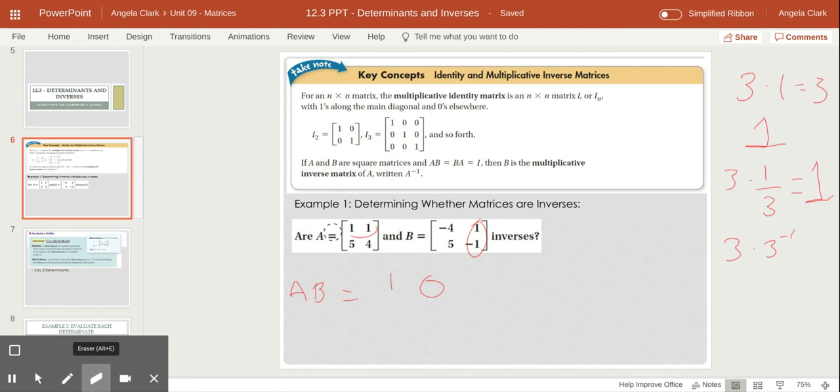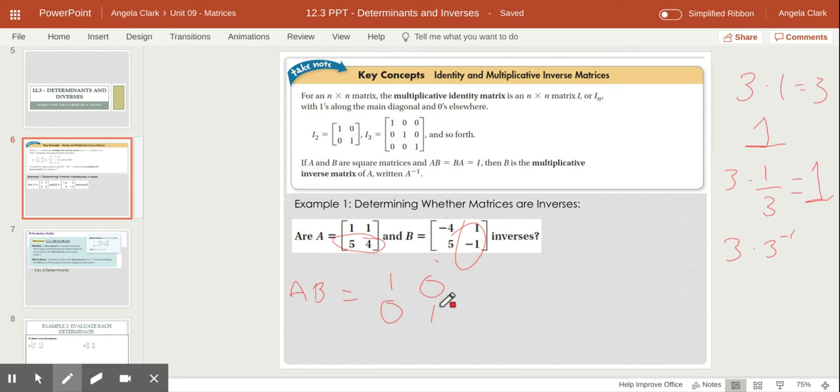And then I'm going to do this row with this column. So I'm going to have 5 times negative 4 is negative 20. 4 times 5 is positive 20. So negative 20 plus 20 is 0. Oops, I didn't need to erase this one. All right, and then next column, so 5 plus negative 4 is 1.